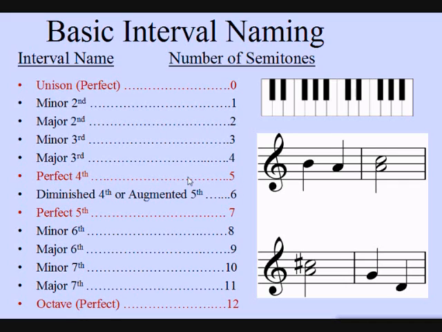To be a perfect fourth, it has to be 5 semitones away from each other. Let's count it. We have a G and a D. So we go from G. Remember that keyboard counts start with 0. 0, 1, 2, 3, 4, 5. Therefore, this is a perfect fourth.